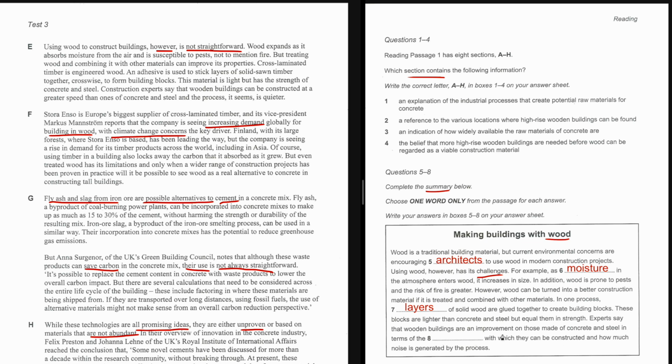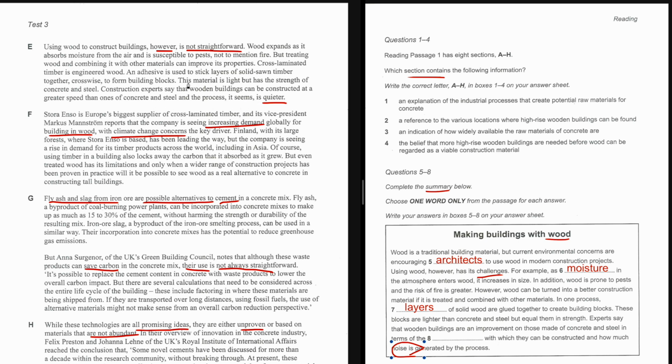Experts say wooden buildings are an improvement in terms of what? The blah blah with which they can be constructed and how much noise is generated. So if I find the word noise or something related to noise, I've been in the right place. Noise, quieter. So quiet and noise, they're related. And how much noise is generated by the process.